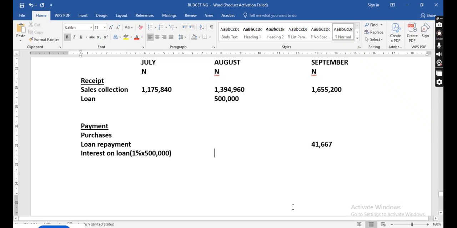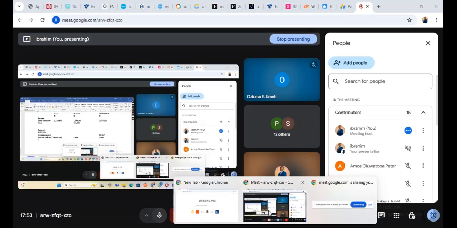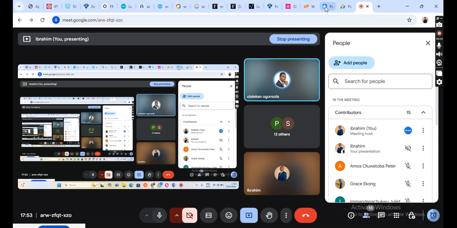When you take 1% of it, what do you have? 5,000. Was it stated that the interest will be given a 1 month moratorium? No. It wasn't. So let's quickly move to the next.